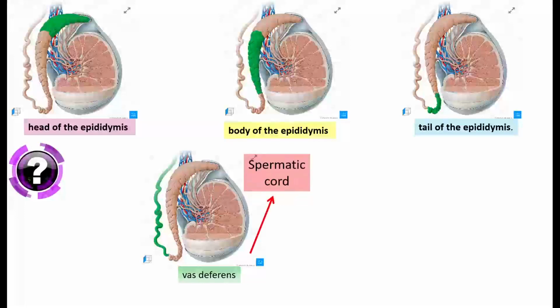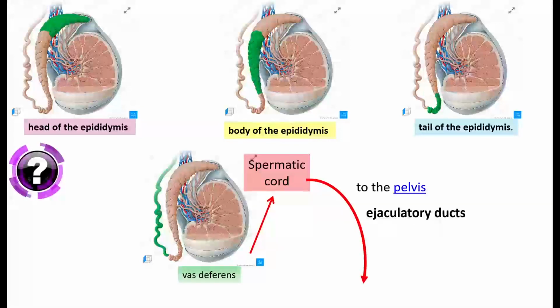The spermatic cord is going to pass through the anterior abdominal wall muscles to get into the pelvis, and the vas deferens is going to have minor additions of a gland called seminal vesicles, and then they end up into ejaculatory ducts, 2 of them, and then they empty into the prostatic urethra.